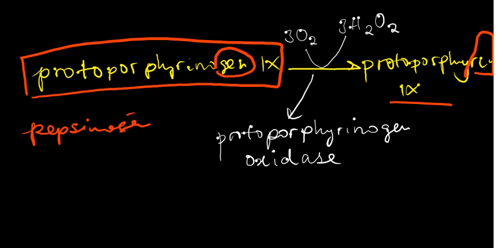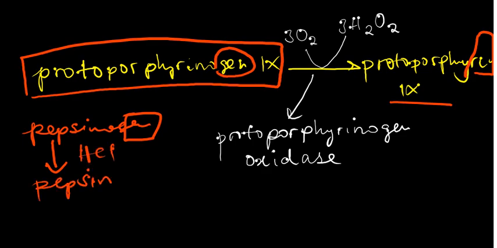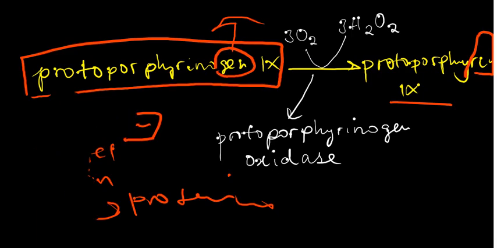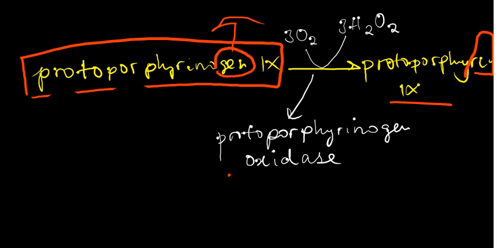So pepsinogen is inactive. Now when pepsinogen is activated by HCl in the stomach, it's turned to pepsin, which can now work on the proteins. So the same thing is happening. Protoporphyrinogen 9 is the inactive form of protoporphyrin 9. So this is what's happening, and the enzyme that's involved is protoporphyrinogen oxidase.